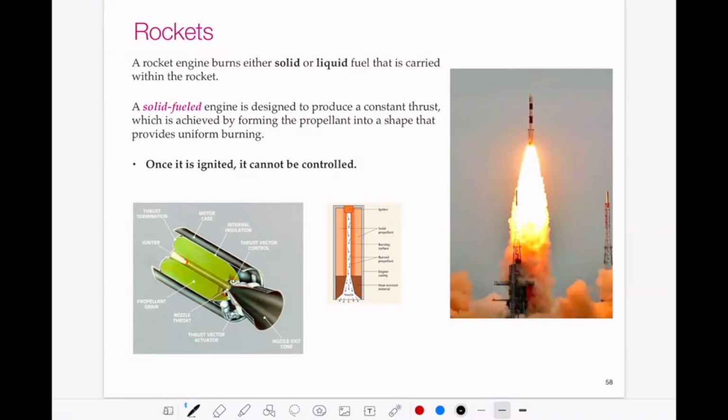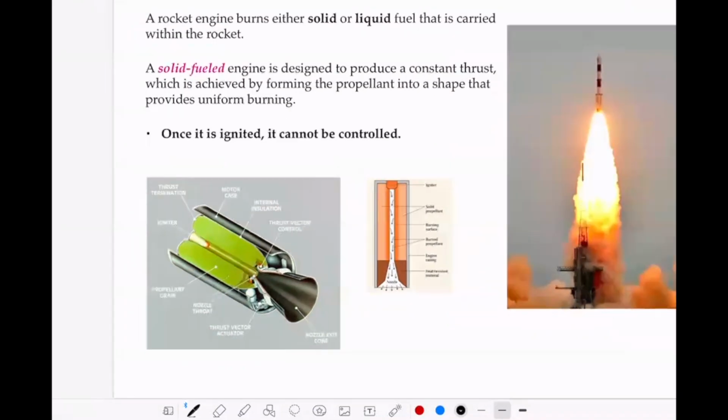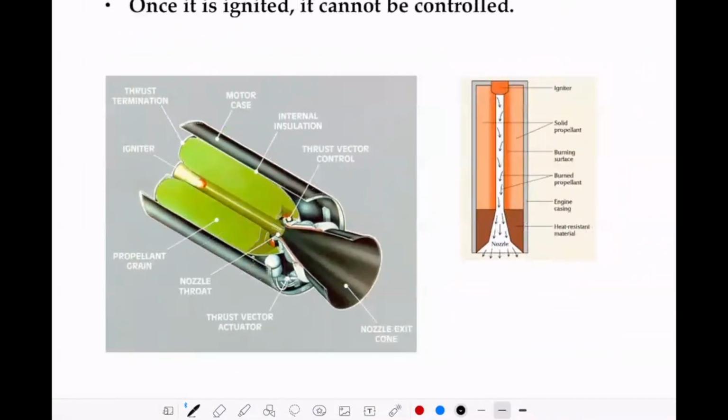So this is kind of a simplified version of the geometry where you would have your fuel and an igniter. So this is your fuel here. You'd have an igniter in the middle, and then the fuel is burning from the inside out. And as it burns, it only has one way to go, and it ejects out this nozzle, and then the design of the nozzle can actually direct that expanding gas flow, and that's what generates the thrust in the rocket.